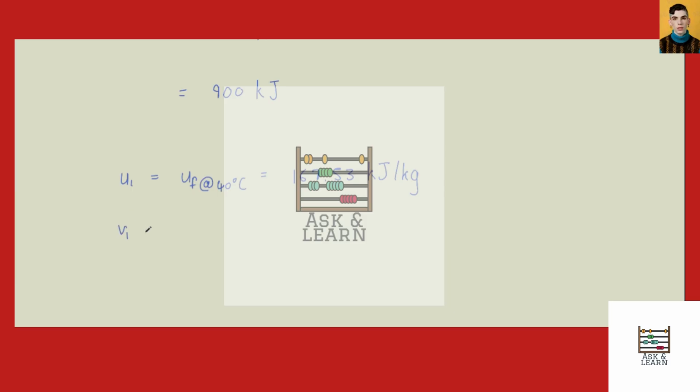The initial specific volume of the system v1 is equal to v_f, also at 40 degrees Celsius. And again, from our tables, this is 0.001008 cubic meters per kg.